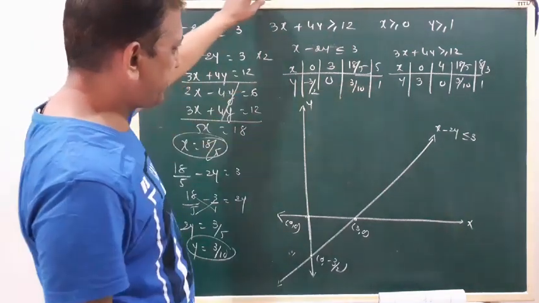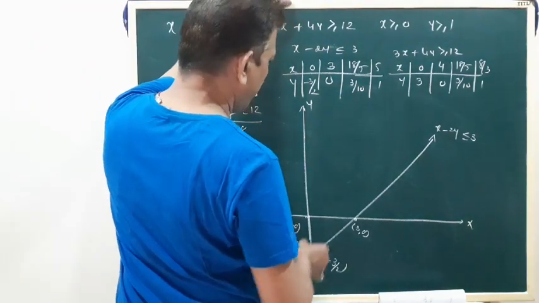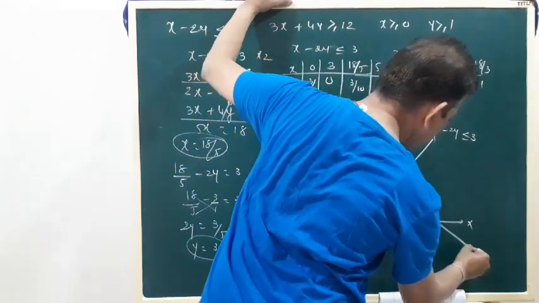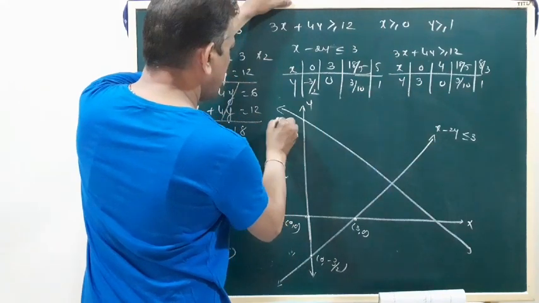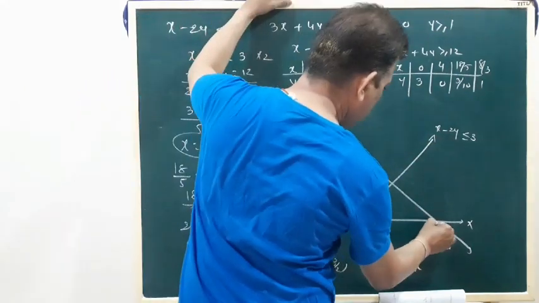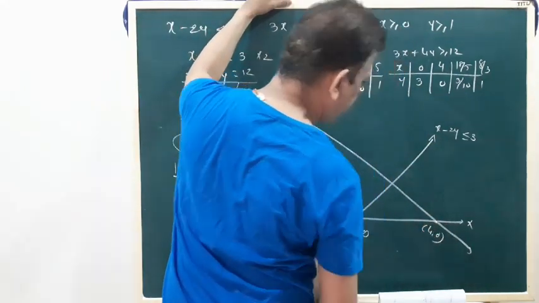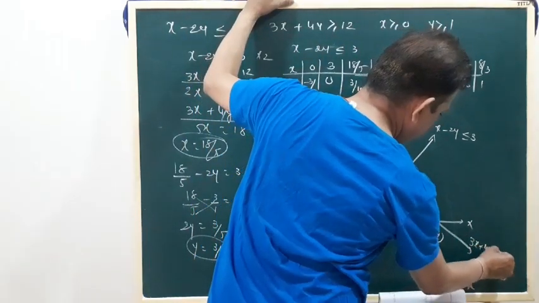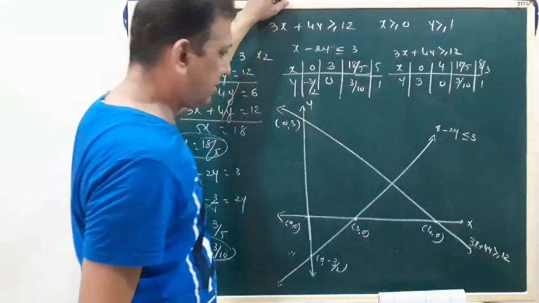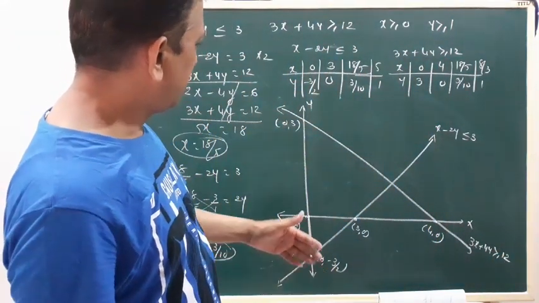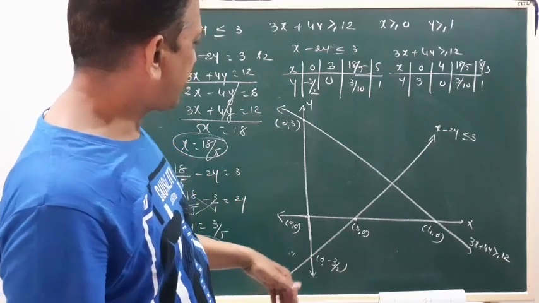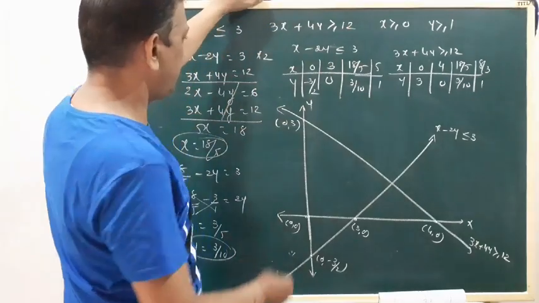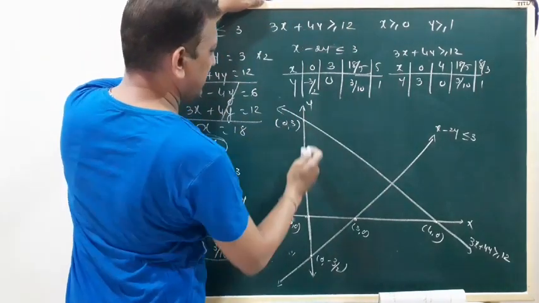Now the second line, 4, 0 and 0, 3: 3x plus 4y greater than or equal to 12. Right? 0, 0 is not satisfied, so that means the upper part. Yes, you can extend it above on the y-axis also.